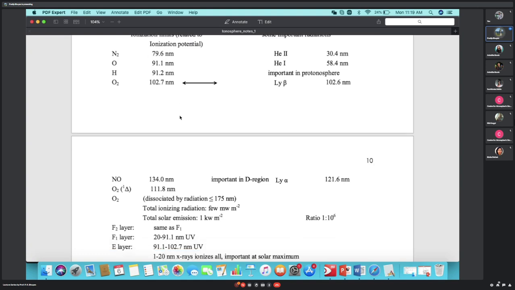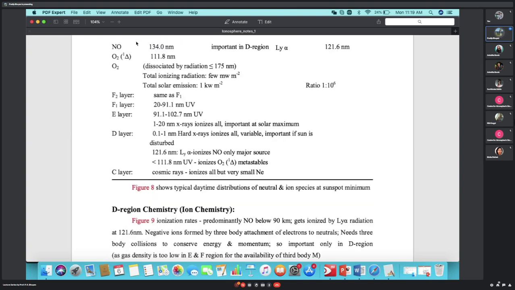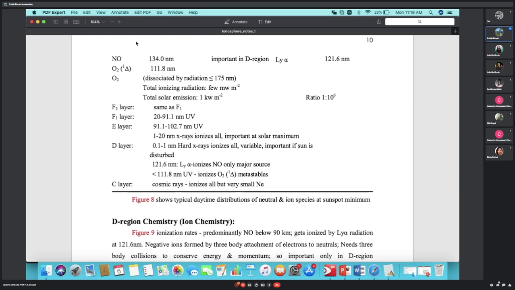And now I'm coming down to the F2 layer. This is F1, where you can get F1 and F2, 200 to 911 ultraviolet.